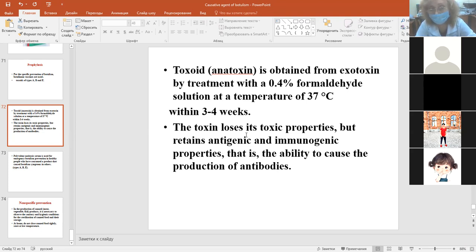The protein is not destroyed, and it has the ability to cause the production of antibodies when it is injected into the body, into healthy people. Healthy people should be vaccinated. So exotoxin is a toxic protein. Toxoid or anatoxin is the same protein without toxic properties. And toxoids, anatoxinum, are used for vaccination against toxinemic infections.